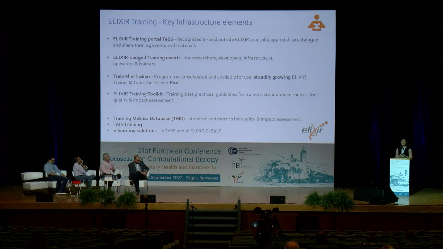I think we all agree that it's very important to also be able to showcase the impact that our trainings are having, as to be able to keep supporting them and showcase to others why it is so successful to think about training as a component of the research framework itself. I will quickly cover FAIR training activities that are happening in the ELIXIR training community as well, and e-learning solutions.